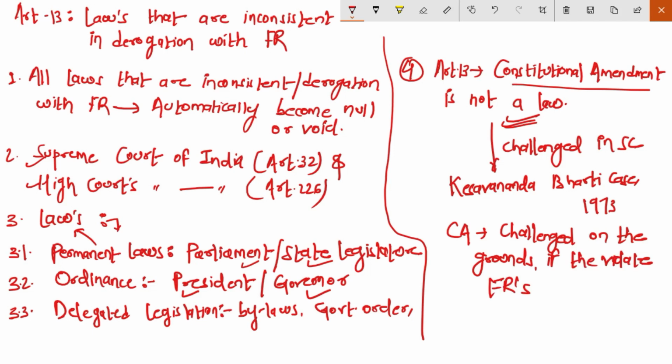This is one reason, along with the fact that judicial review is the basic feature of the Constitution of India. We have also learned about the basic feature in one of my videos, that judicial review is the basic feature of the Indian Constitution. That's why constitutional amendments can also be challenged.